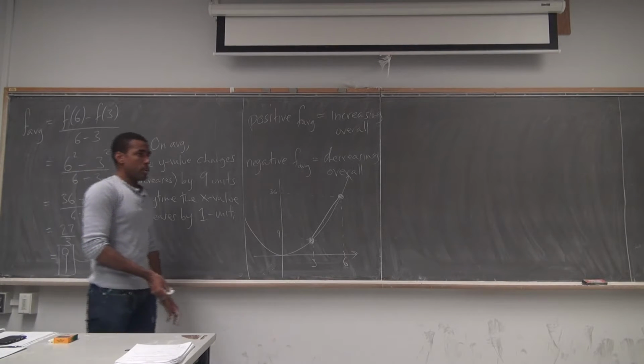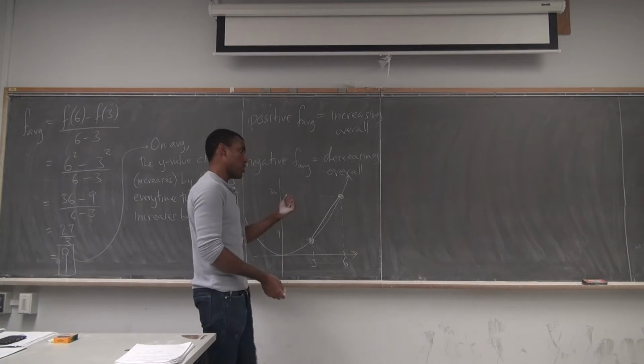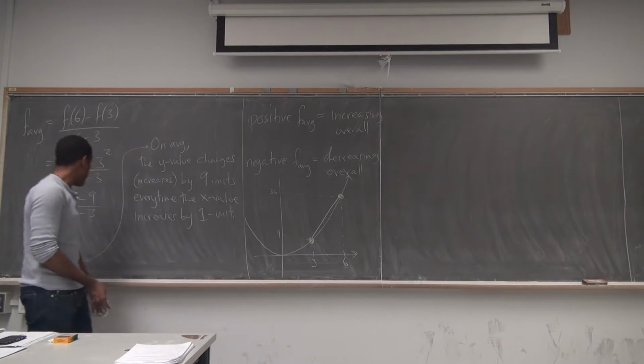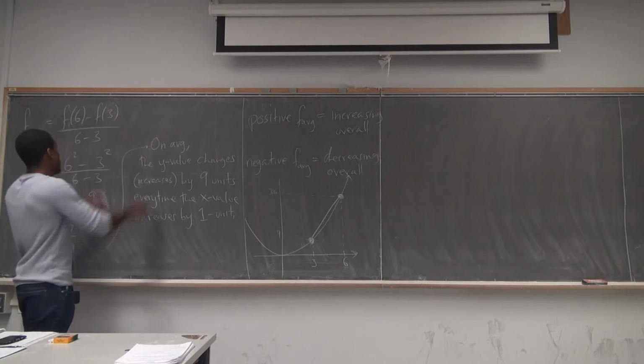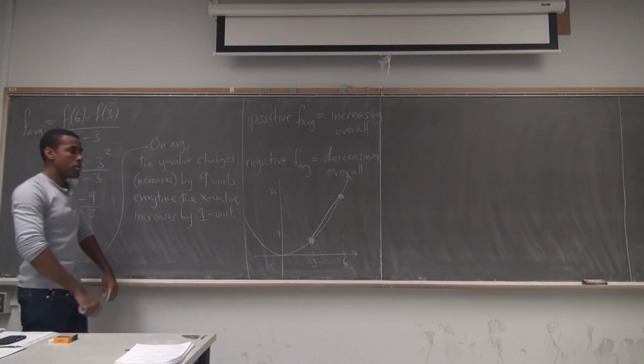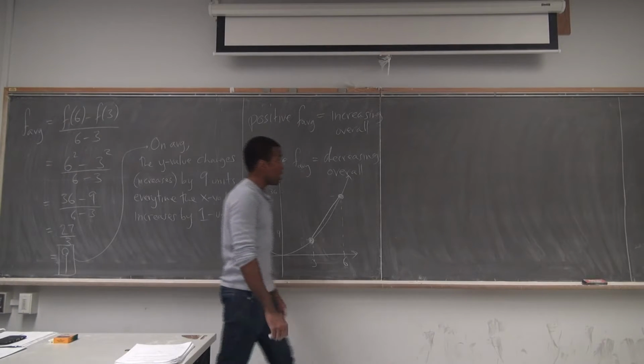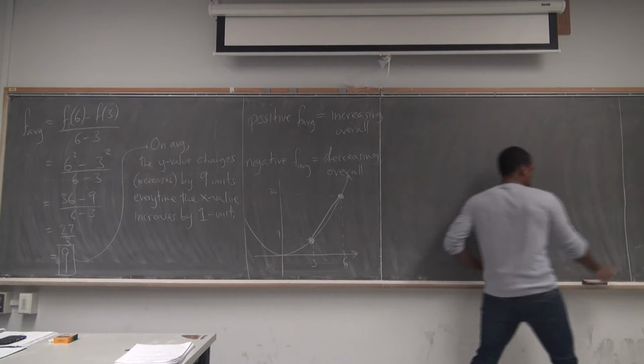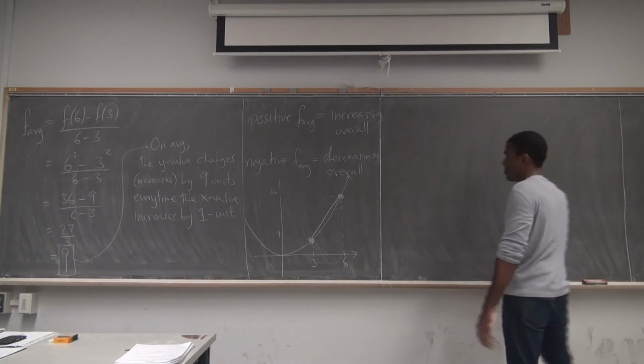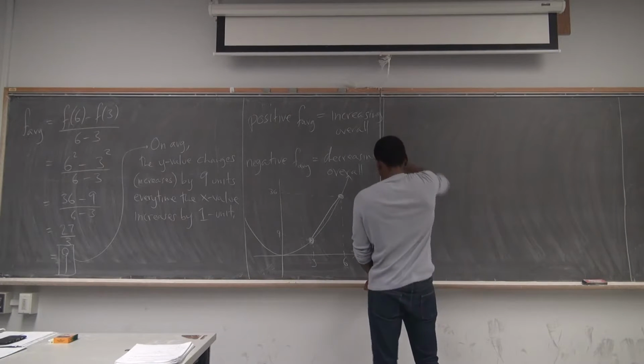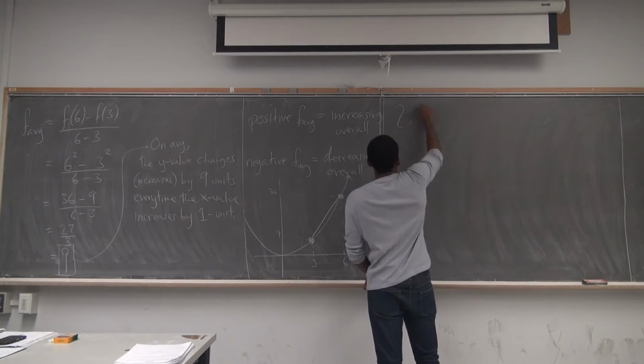Yeah, so that's the main idea we need from 2.1. Slope we can think of as a rate of change, and to actually have a formula to compute it, it's the difference quotient. F of B minus F of A over B minus A gives us average rate of change. Now going to 2.2.